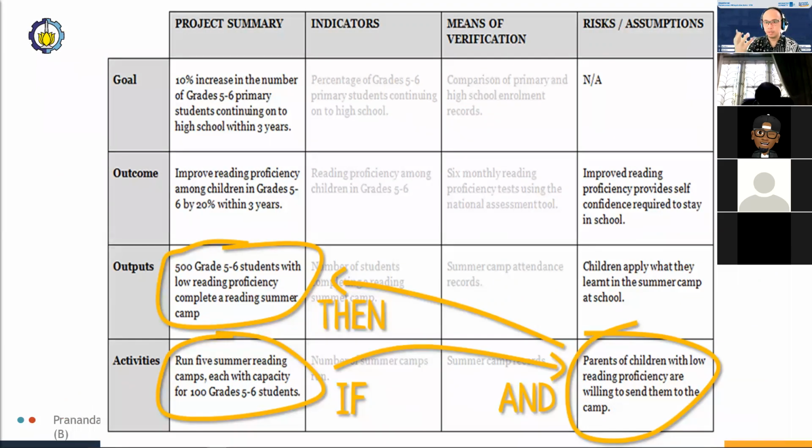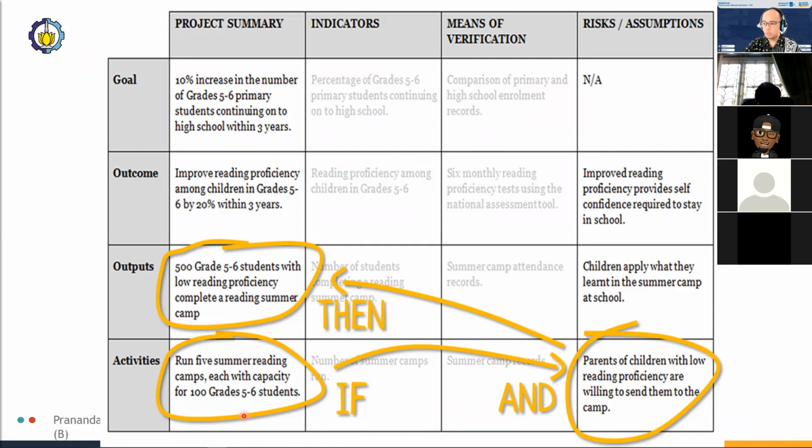the assumptions associated with this. It is a similar case study to the one that I use in my illustrations. It's about reading proficiency, about levels of literacy. So for example, this is using an if and then approach.